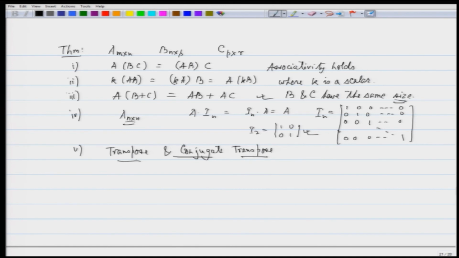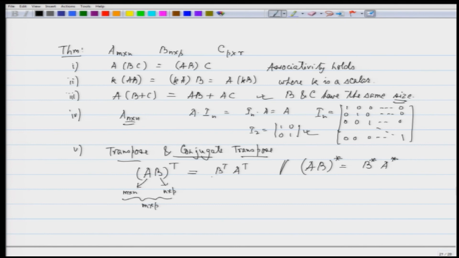What we would like to say is that if I want to talk of (AB) transpose, then it will turn out to be B transpose A transpose. Similarly, the conjugate transpose of AB will be equal to B star A star. Look at here, A is of size m cross n, B was of size n cross p, and together the product was m cross p.